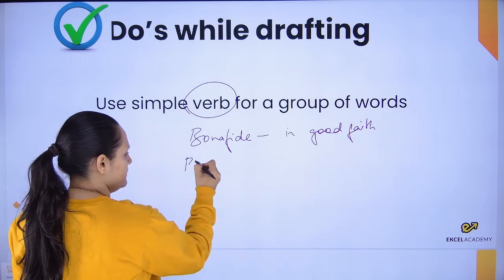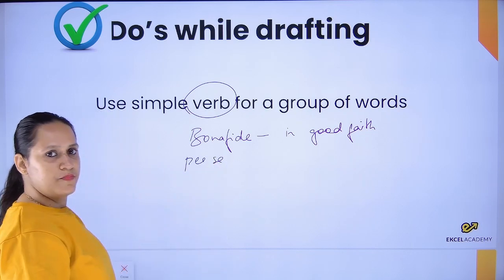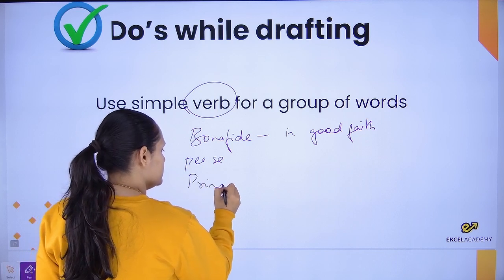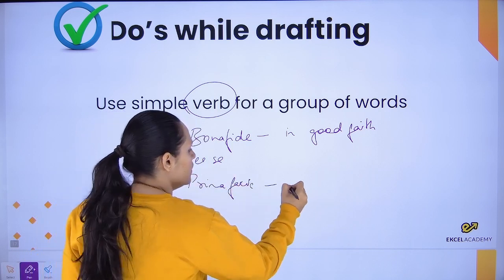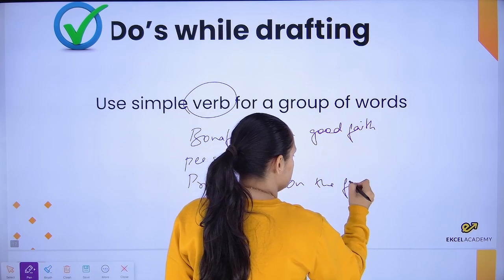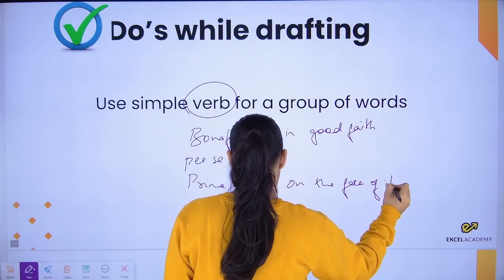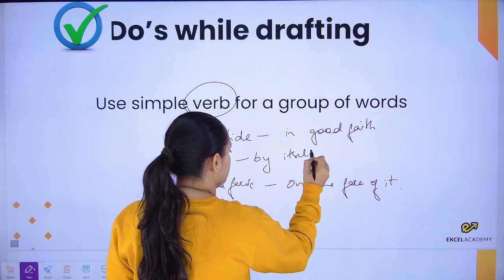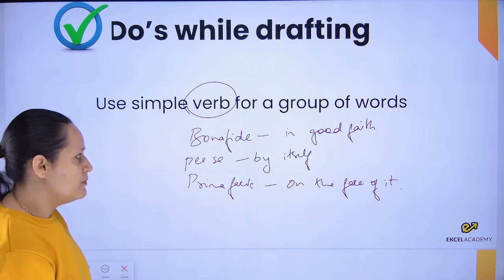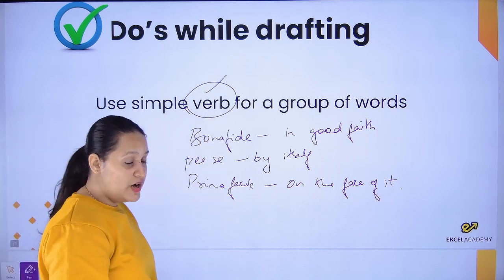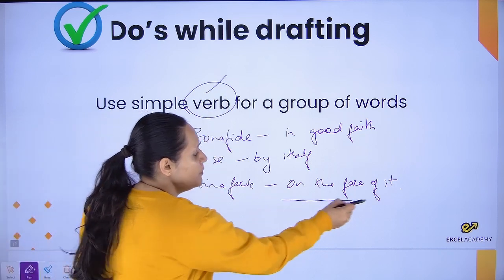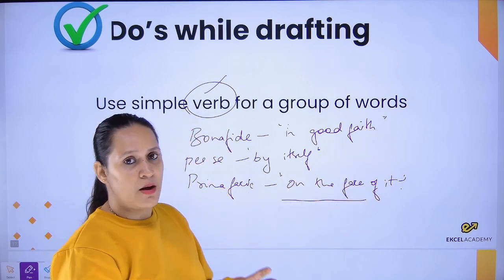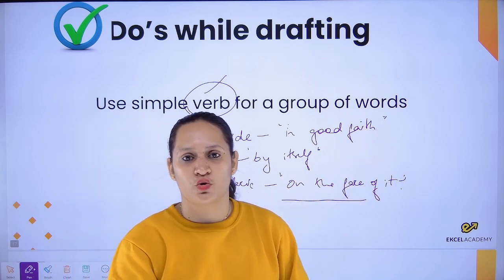Per se. Prima facie, on the face of it. Right? So, as far as possible, try to use verbs instead of using group of words. So, you should use single words and shorter words as compared to longer sentences and a group of words.